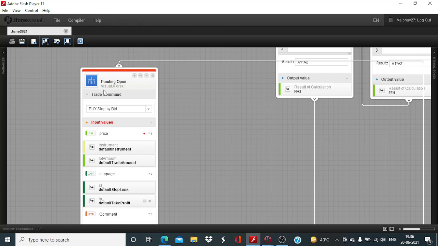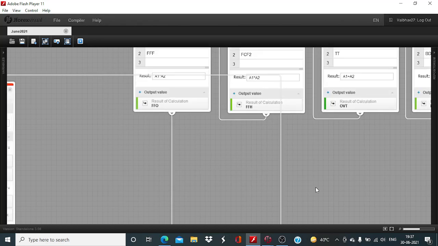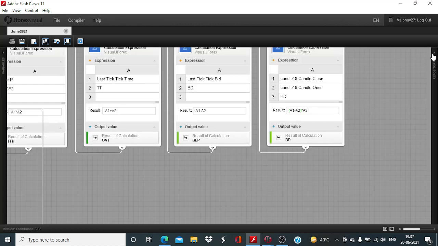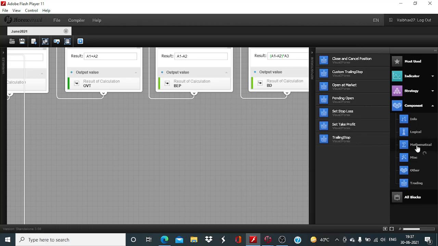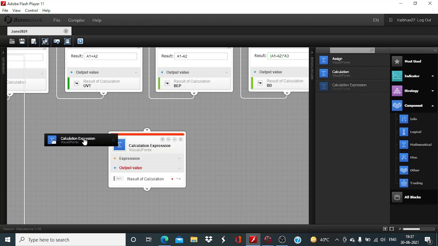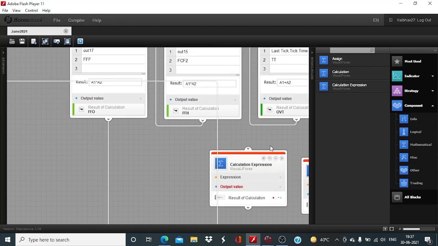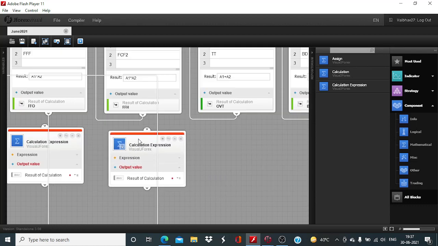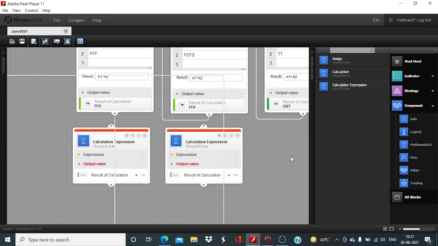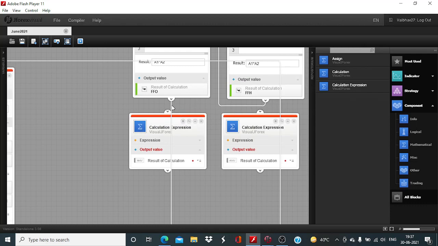It is going to be a limit order, and that will need to be defined sell limit, and for that we have to consider two more calculation expressions. Okay, I will disconnect it here.